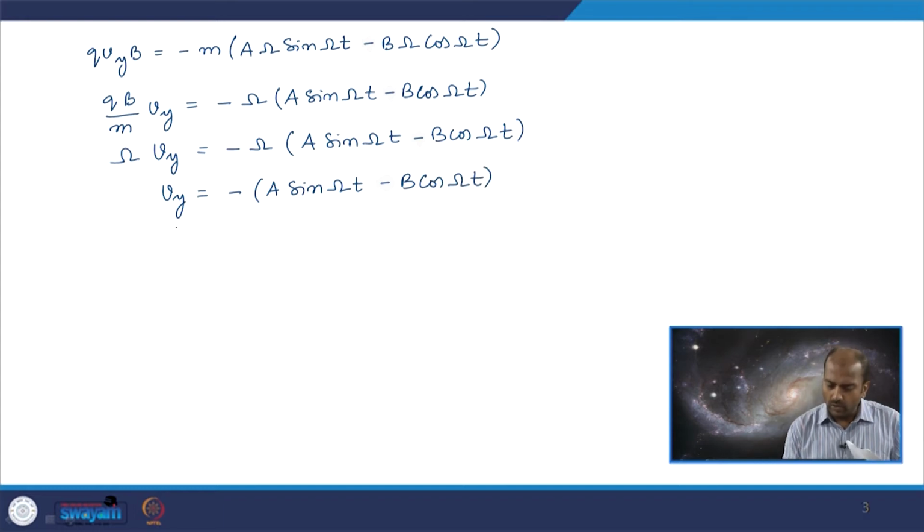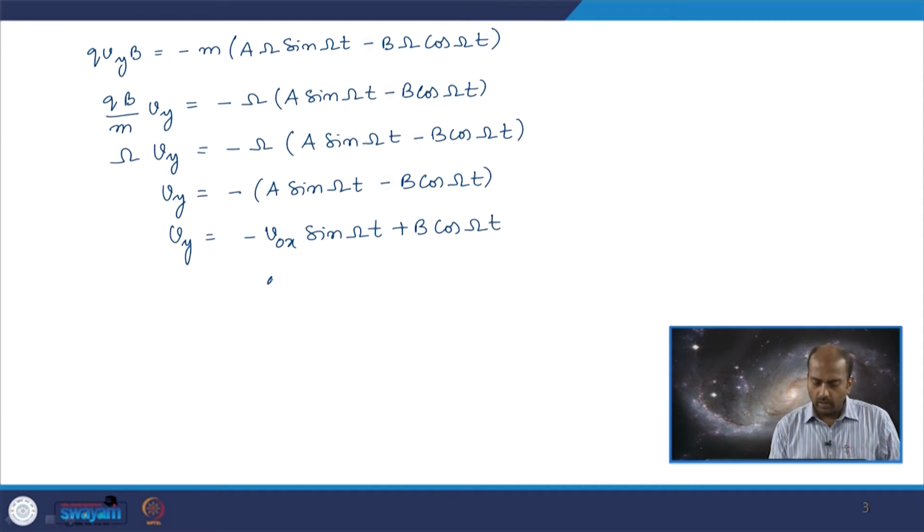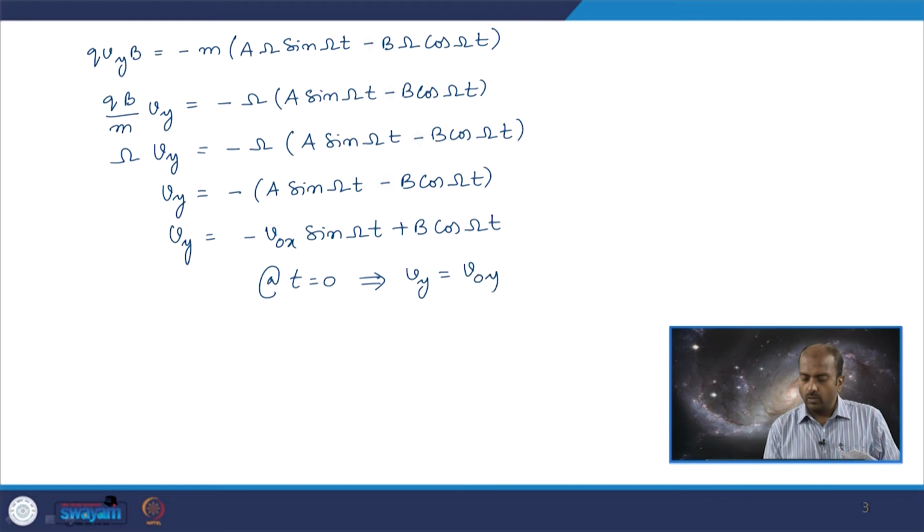So, having known the value of constant A already, we can write Vy is equal to minus V0x sin omega t plus B cos omega t. At this point, we can write the condition as at t equals 0, Vy should be V0y.